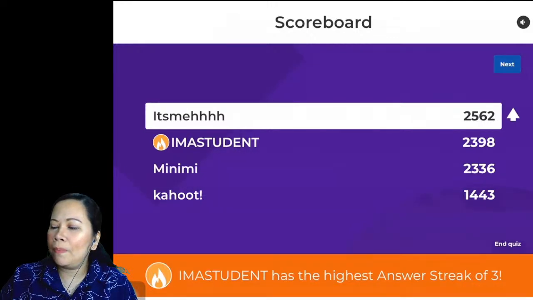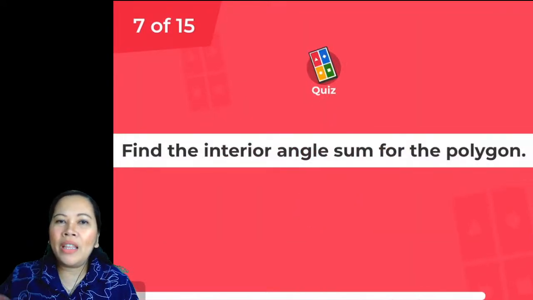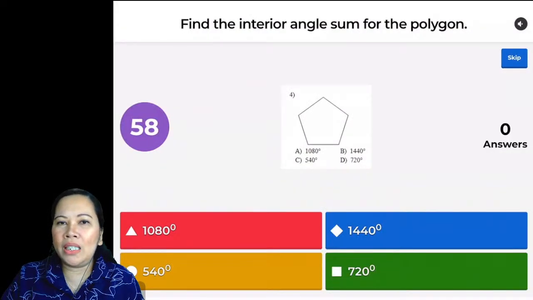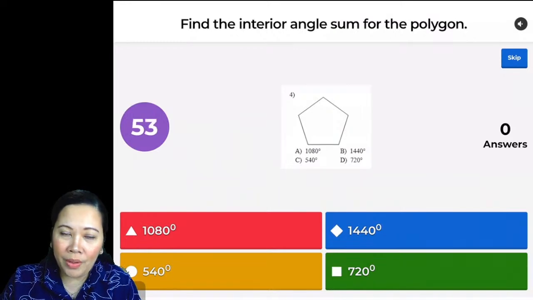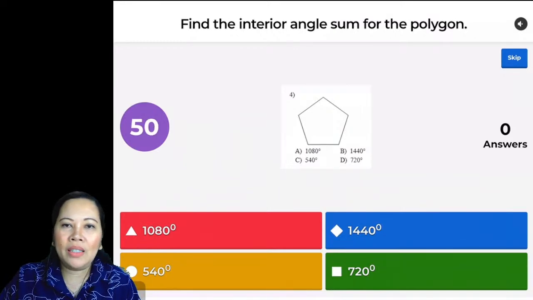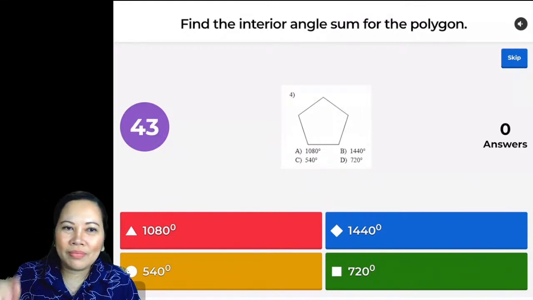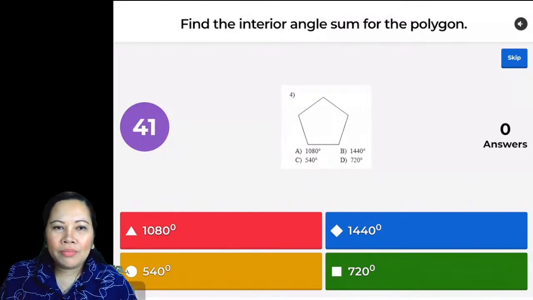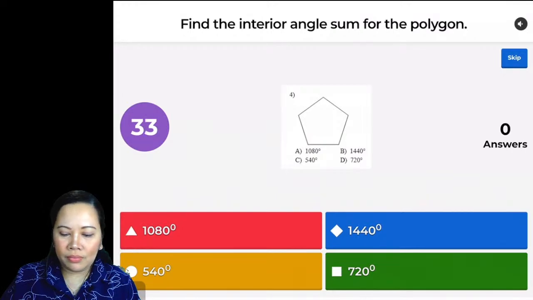Well done. Number 7. Find the interior angle sum for the polygon. Okay, it's a 5-sided polygon. What would be the interior?